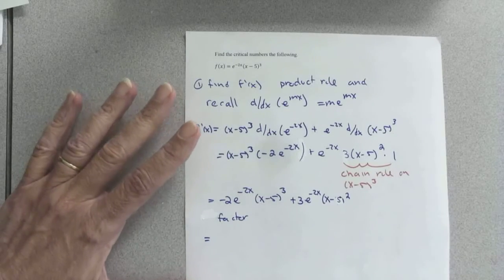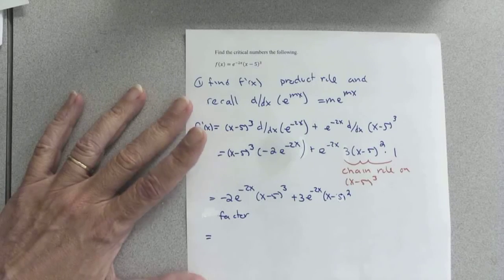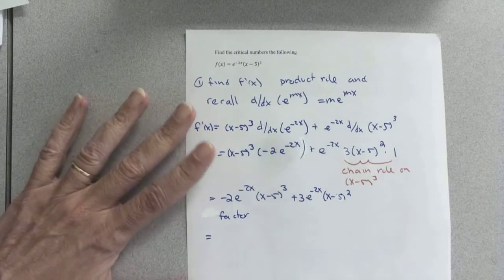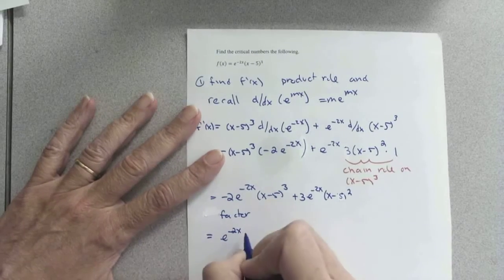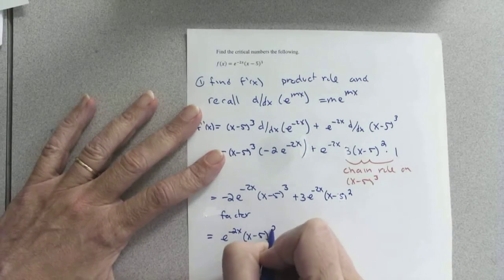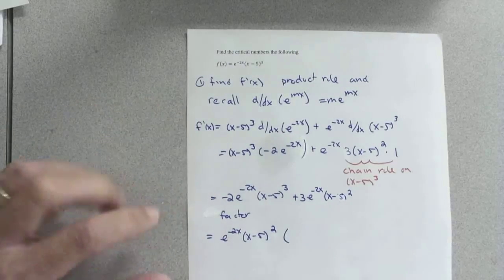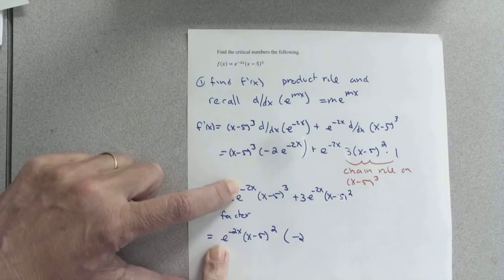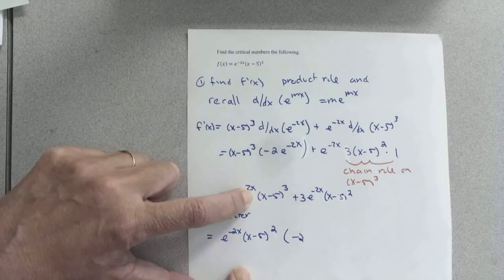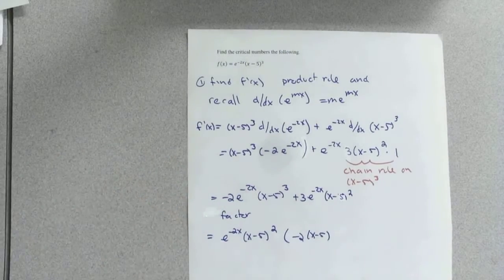Both terms have a factor of e to the -2x. They both have a factor of x minus 5 quantity squared. So I can take out an e to the -2x, x minus 5 quantity squared, which will then leave behind a -2, I took out the e to the negative 2x. I had 3 of x minus 5 cubed. I took out 2 of them. So I have a single x minus 5 squared left behind.